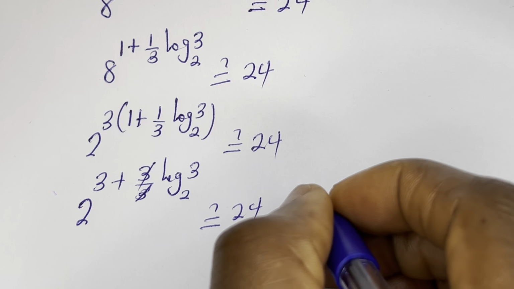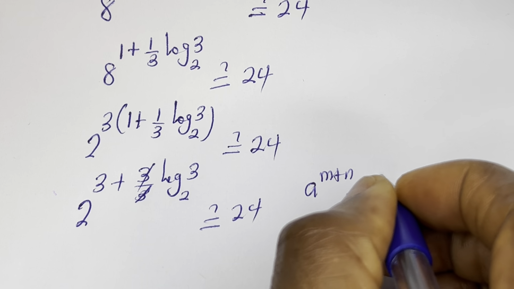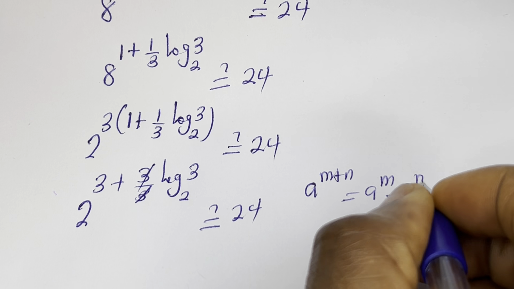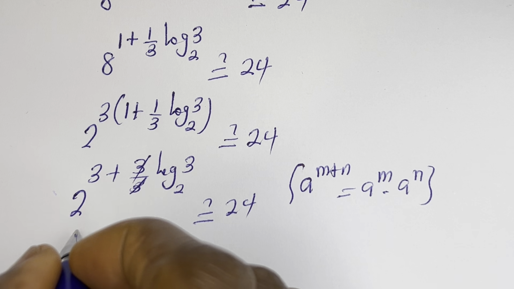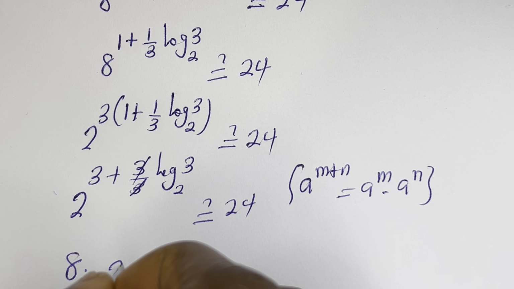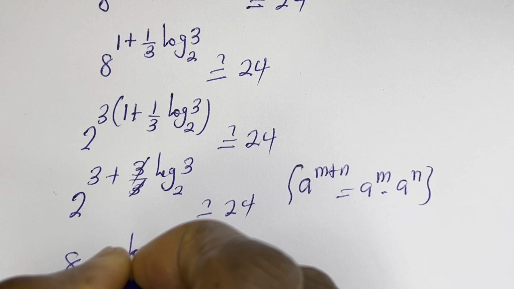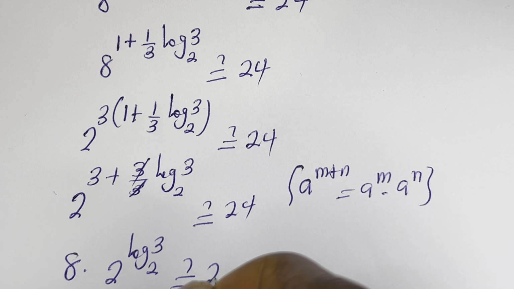Then we know that if you have a to the power of m plus n, this is equal to a to the power of m multiplied by a to the power of n. So this can be written as 2 to the power of 3. We have 8 multiplied by 2 to the power of log 3 base 2 must be equal to 24.